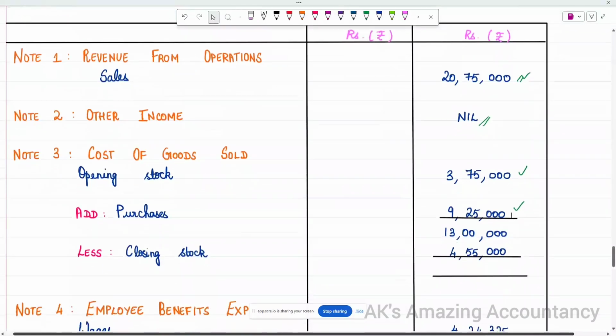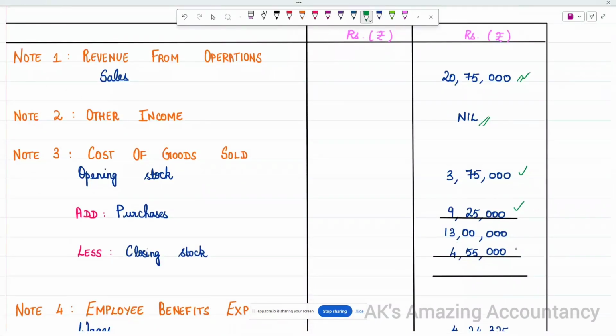So this has to be deducted. You have to deduct 4,55,000 from 13 lakhs. So how much will you get now? You will be getting 8 lakhs and 45,000. So 8,45,000 will be note 3, cost of goods sold.